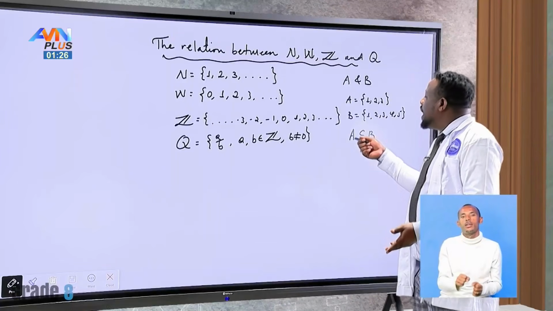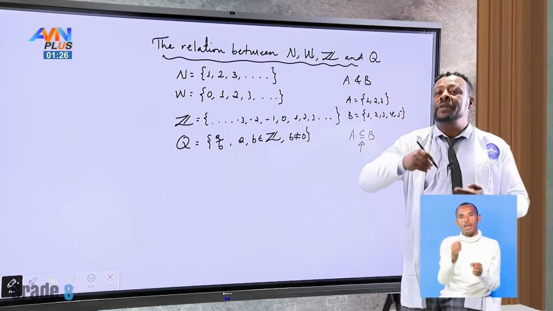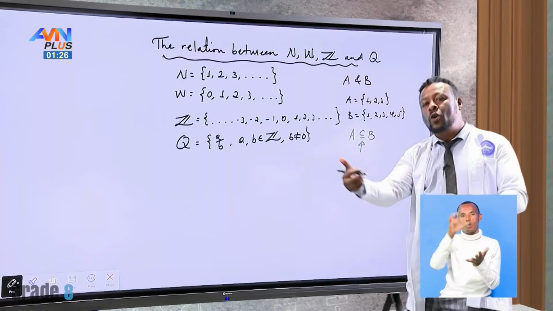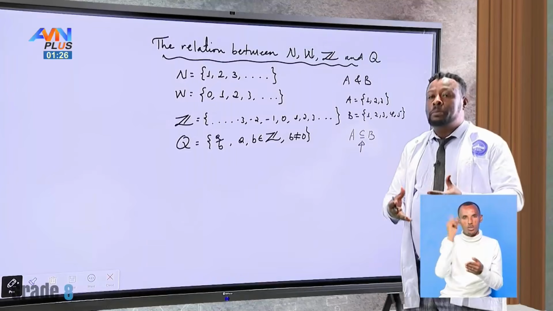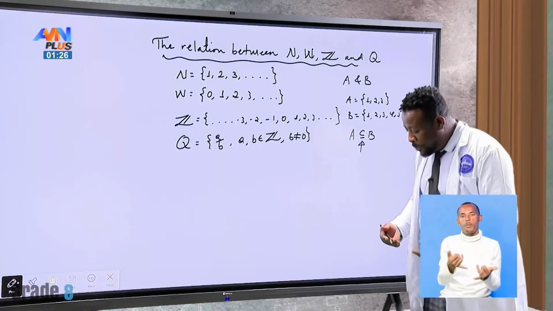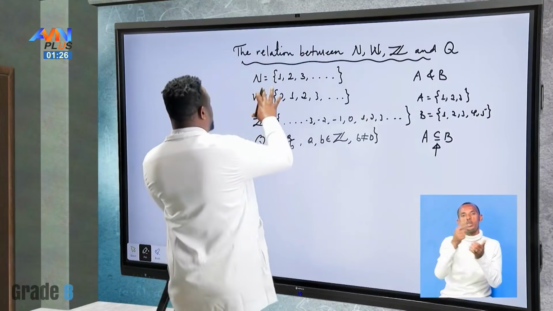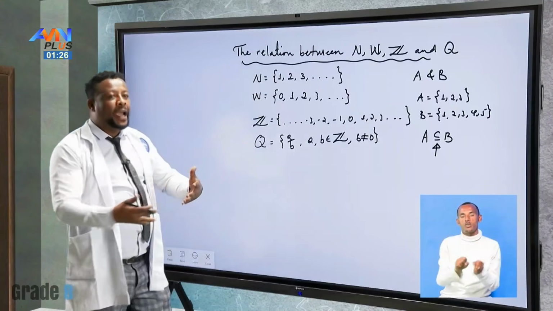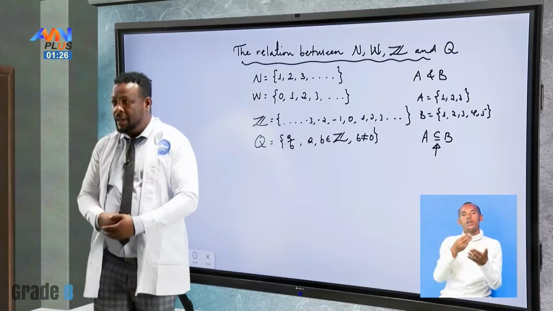A set A is said to be a subset of set B if every element of set A is contained in set B, right? So this is the concept of subset. Now, we will bring this concept into these 4 sets of numbers and create a relationship between them.